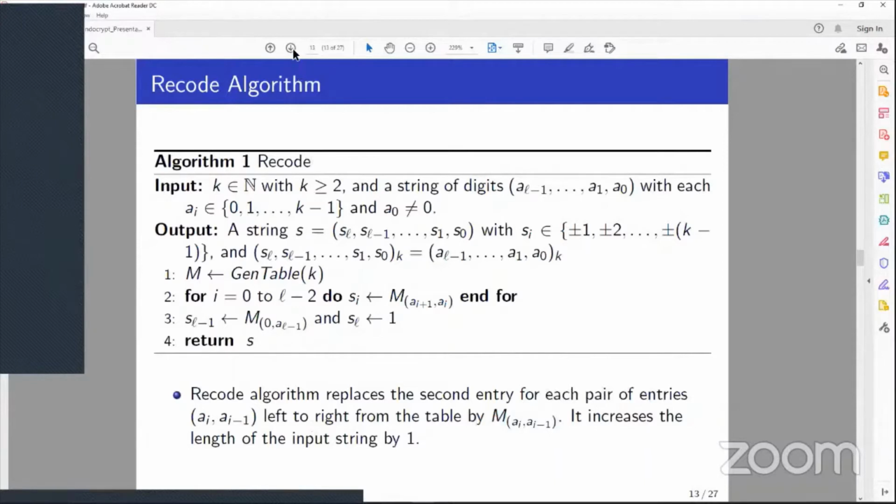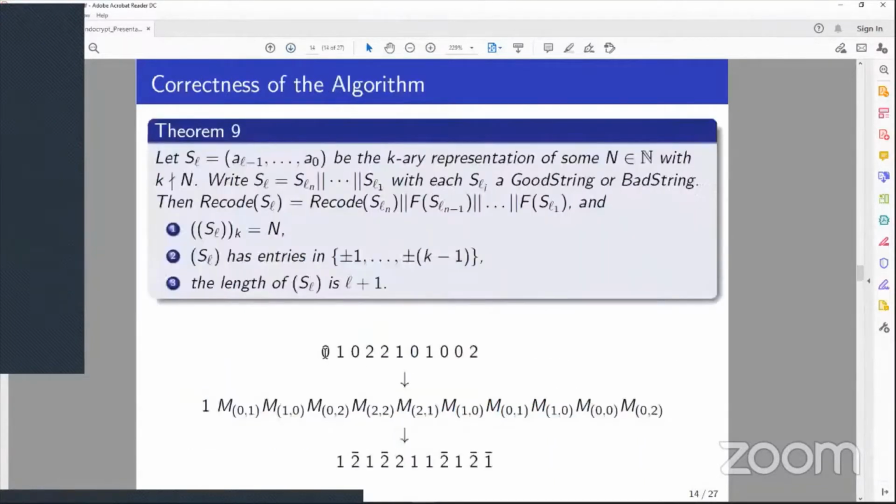For example, if this is the given sequence, for the first 0 we replace it by 1, and for the next one, suppose 0 and 1, whatever appears in the table at M01, we replace it by that entry.